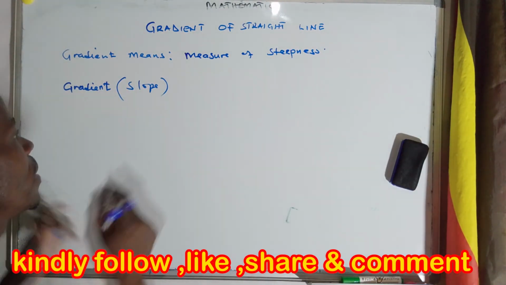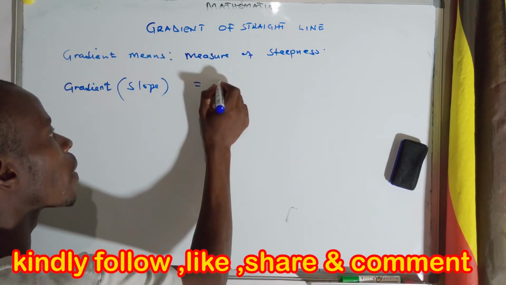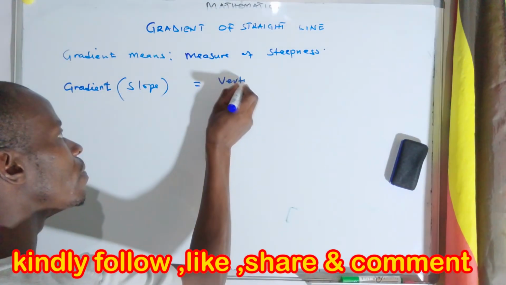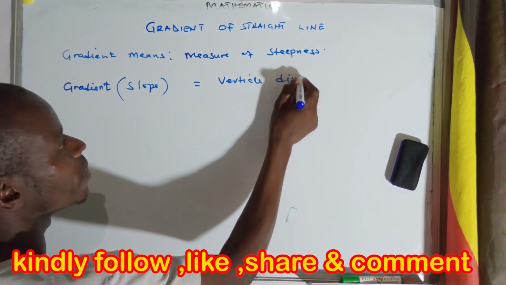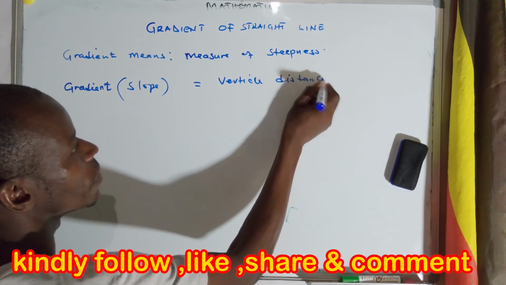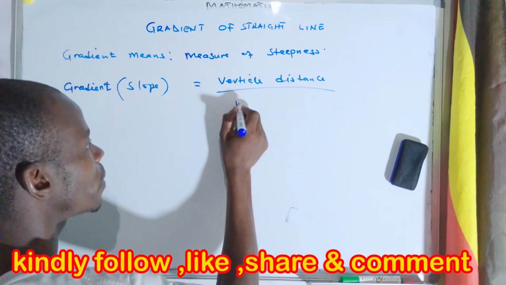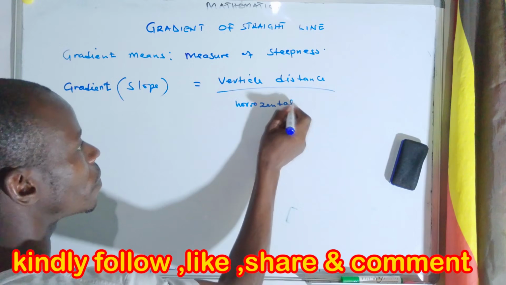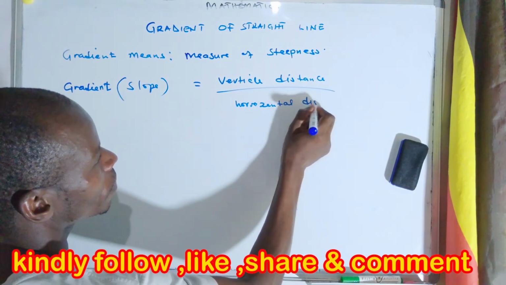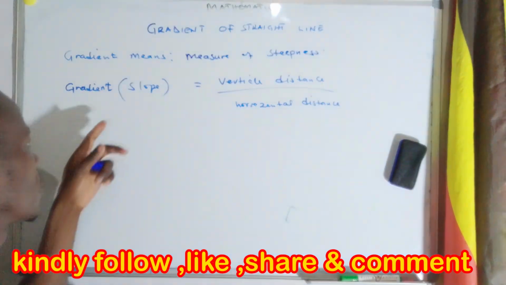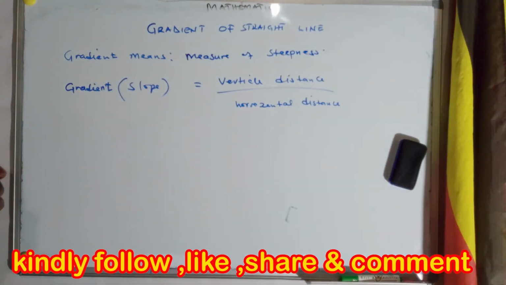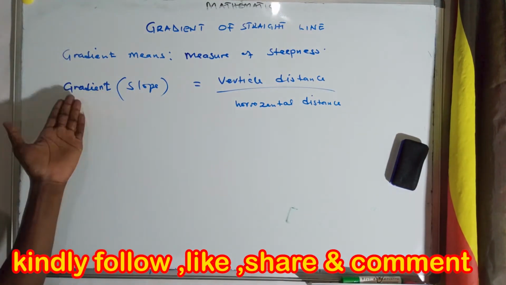So gradient is equal to vertical distance over horizontal distance. That's the gradient, the measure of the steepness. Gradient means slope.